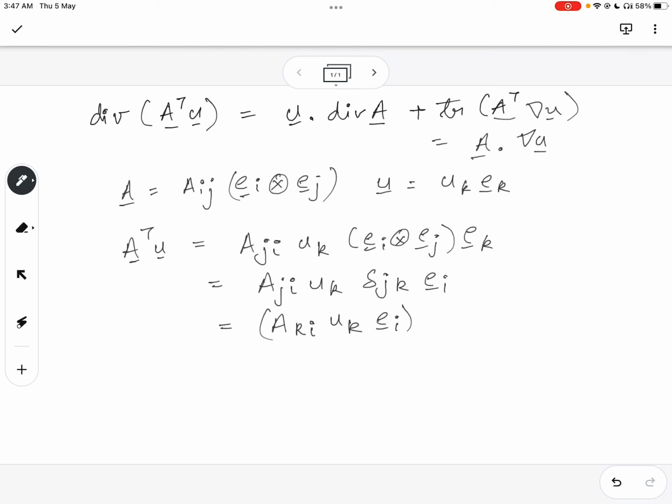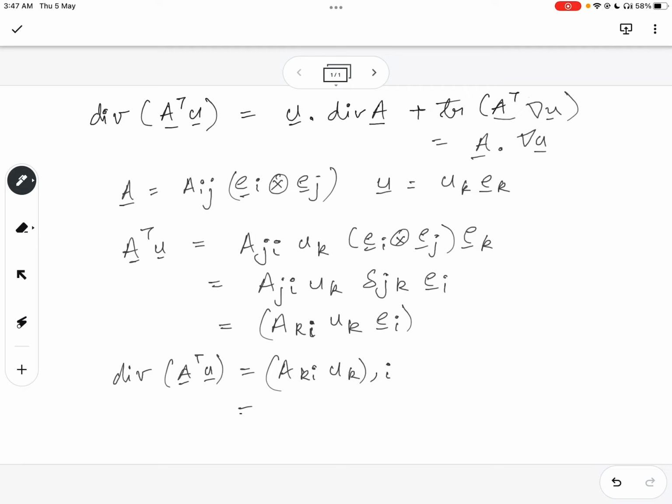So this is a vector. Sorry, there is no free index. So divergence of A transpose U is nothing but Aki Uk comma i.